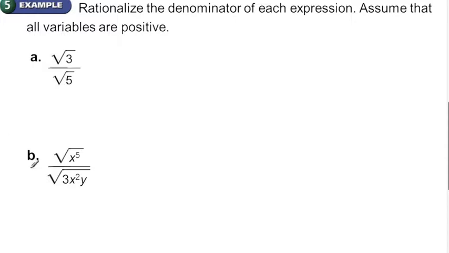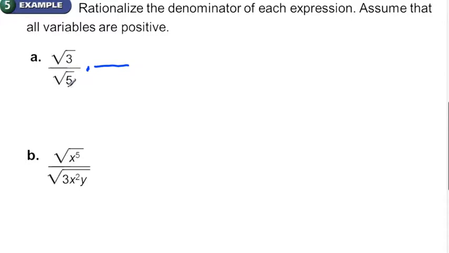Okay, we cannot have a radical in the denominator. It is not proper form, it is not good mathematics, so we do what's called rationalizing it. And what that means is we want to get rid of the radical in the denominator, and the easiest way that we know to get rid of that is to multiply it by a value that would get rid of that square root.